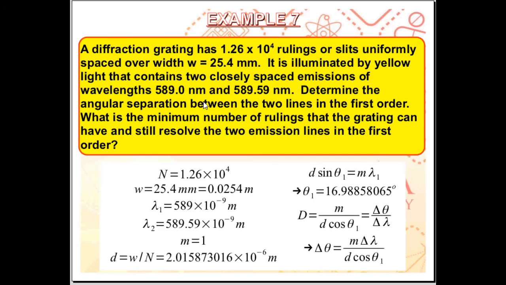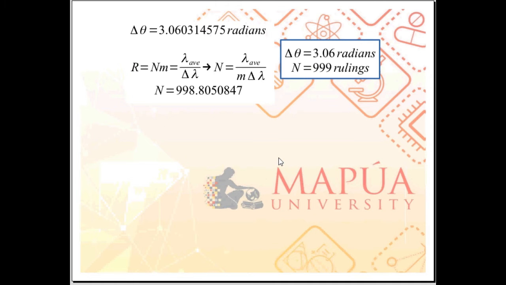Next is, what is the minimum number of rulings that the grating can have and still resolve the two emissions in the first order? So the resolving power R is equal to N m, where R is also equal to lambda average over delta lambda. Using this part of the equation, N is equal to lambda average over m delta lambda.